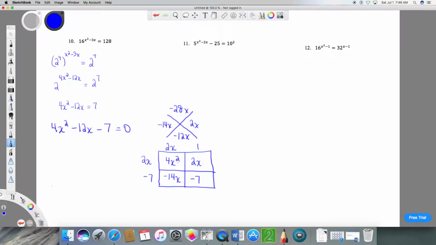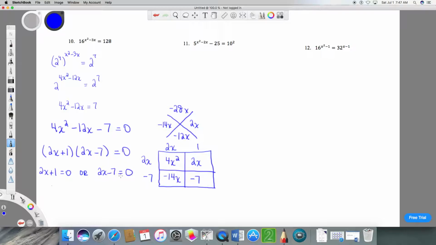So I can come back from this scratch work and come over here to my equation and say that this factors to 2x plus 1 times 2x minus 7. If that's equal to 0, by the zero product theorem, that means that either 2x plus 1, this first factor, is 0, or the second factor is 0.